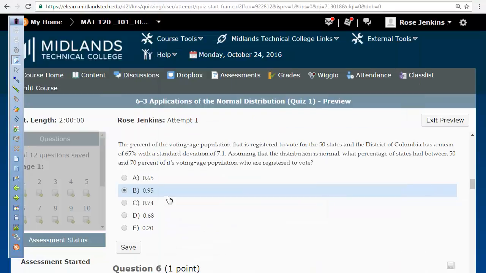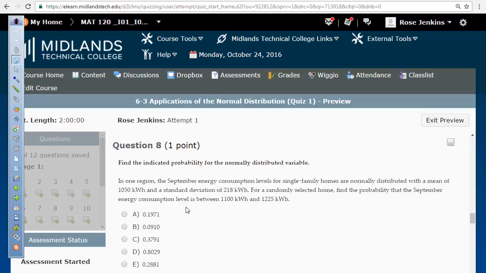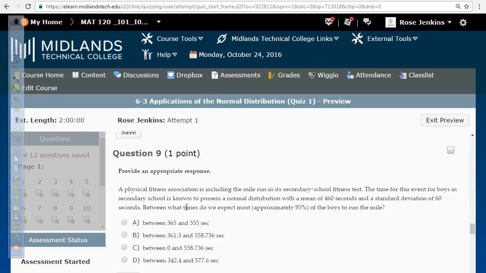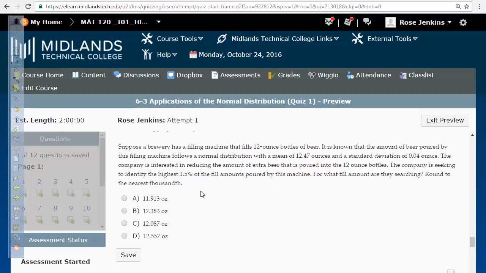Okay, we're going to take a look at one more question from this quiz, and this is going to be one of the ones where we kind of turn it around. Here it says, suppose a brewery has a filling machine that fills 12-ounce bottles of beer.